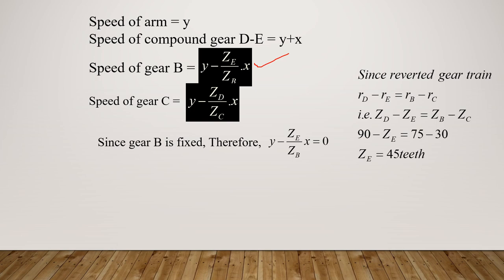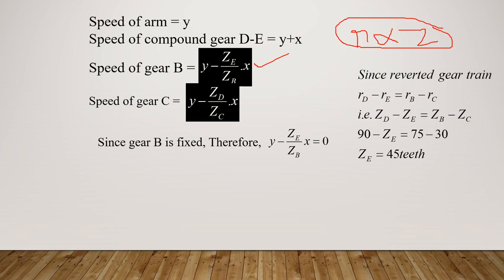Since the radius is proportional to the number of teeth, as they have the same pitch, this proportionality condition holds very well in this case. So the relation can be written as ZD minus ZE equal to ZB minus ZC.